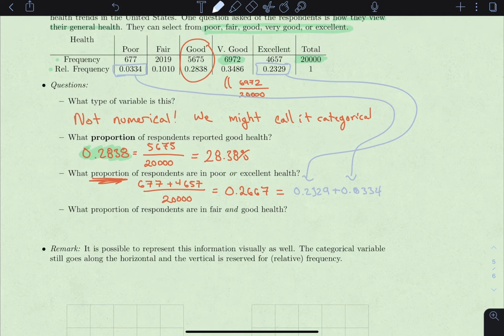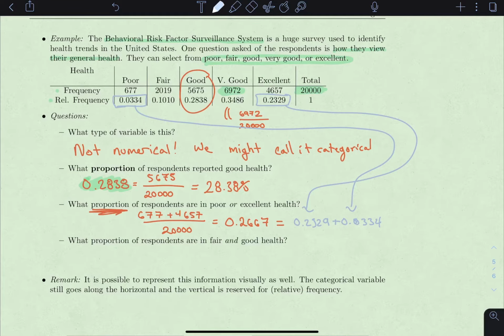What proportion of respondents are in fair and good health? And the emphasis here is on the word and. You can't choose 2. Just like you can't have two different bins for our scores.